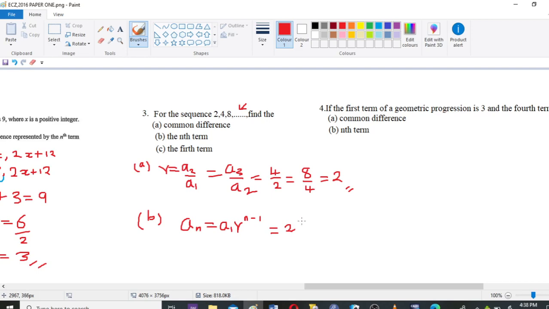And our r, we found r to be 2 again. Now this is raised to the power n minus 1. That is, our nth term is a_n equal to 2 multiplied by 2 raised to the power n minus 1. So this is our nth term.